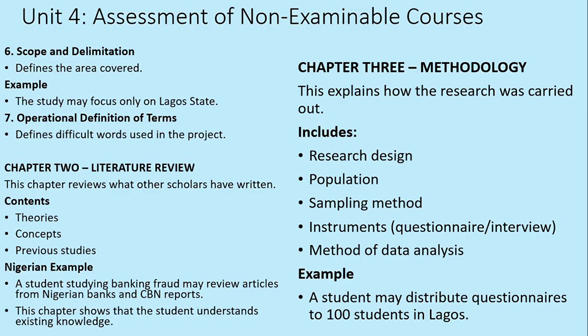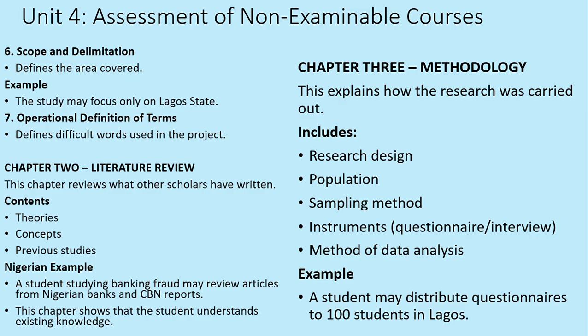An example is a student studying banking fraud who may review articles from Nigerian banks and CBN reports. Can you see that? You are writing on banking fraud, your project topic is banking fraud. You can review some articles from Nigerian banks and CBN reports as an example, because they are connected to banking fraud.